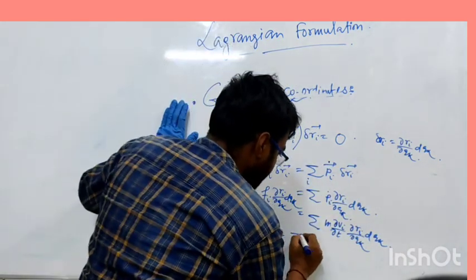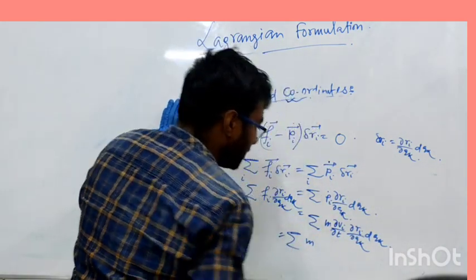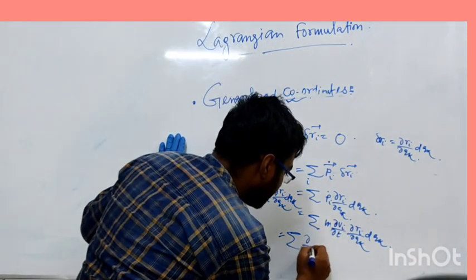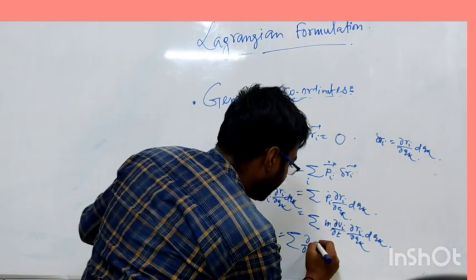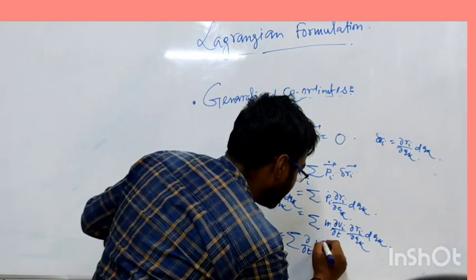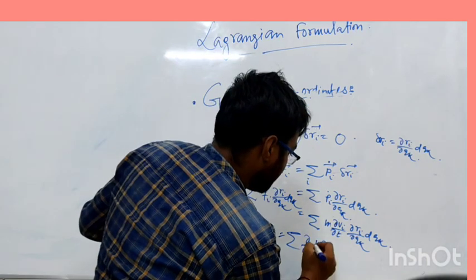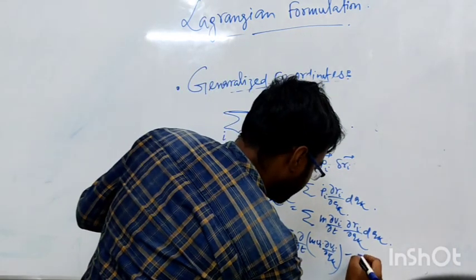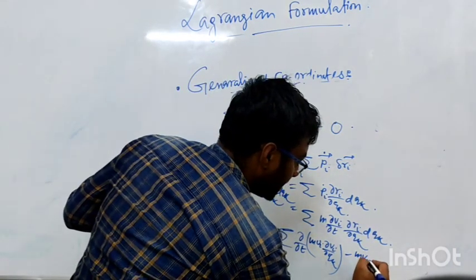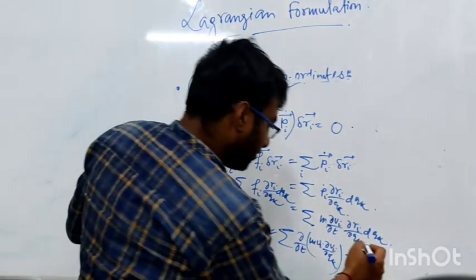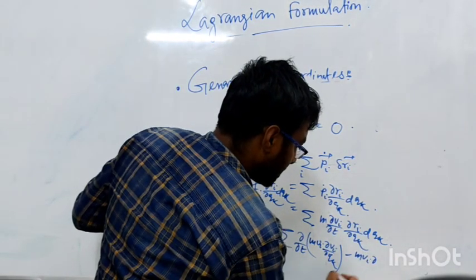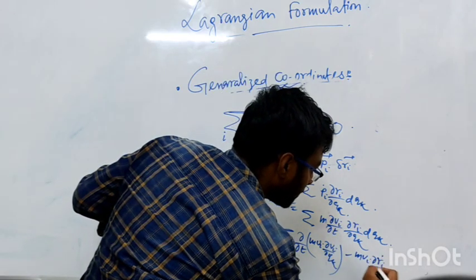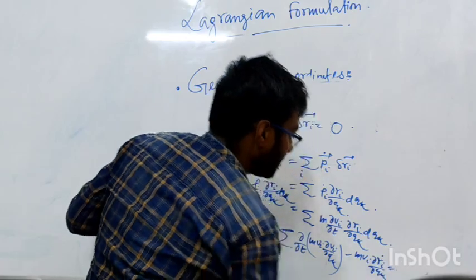If we put the common del T, it will be m dV, this one minus m Vi del Ri dot del Qk inside here.